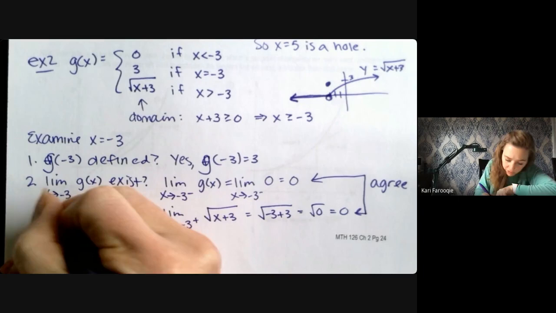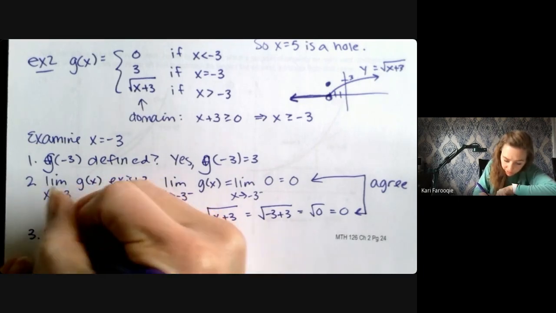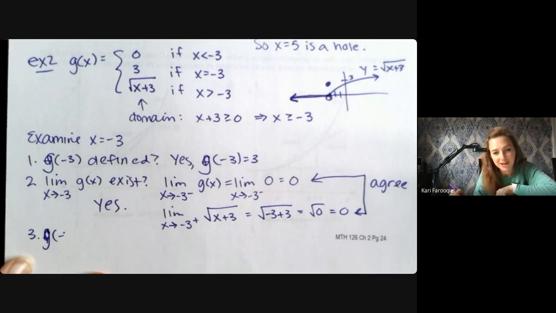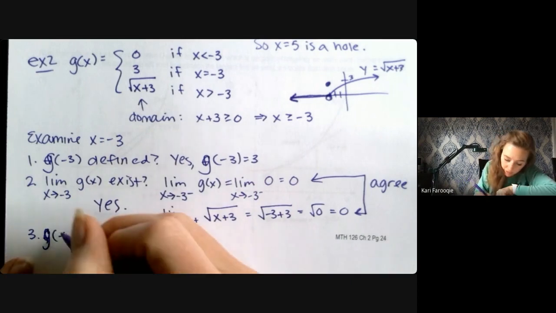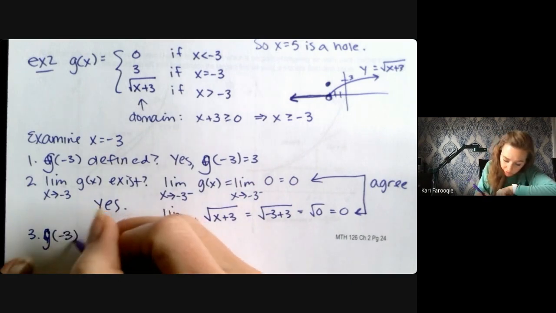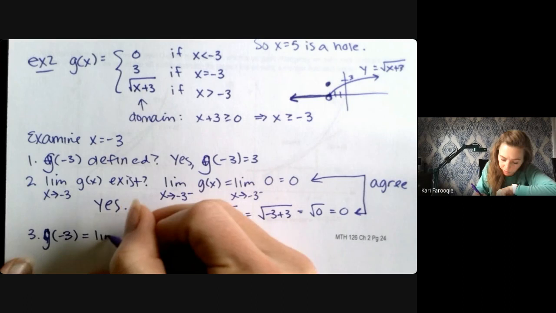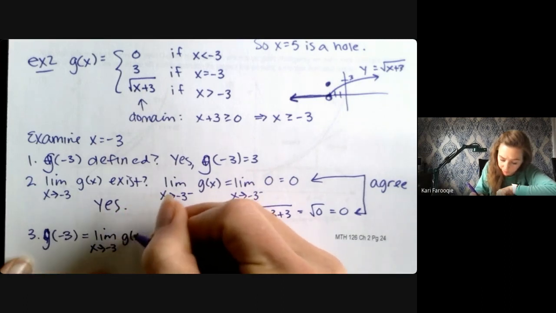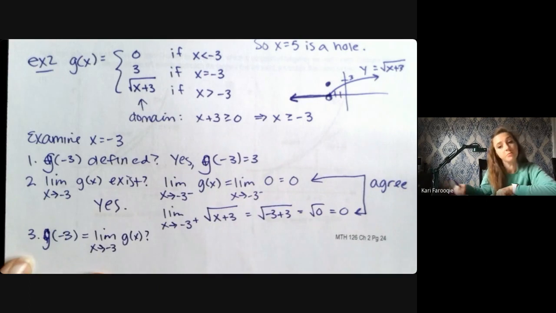The problem is going to occur on that third definition for continuity. The third definition states, is the function value, I just called it f again, and it's g. I'm going to have to go through and rename everything f because I call everything f. Is g of -3 equal to the limit as x approaches -3 of g of x?